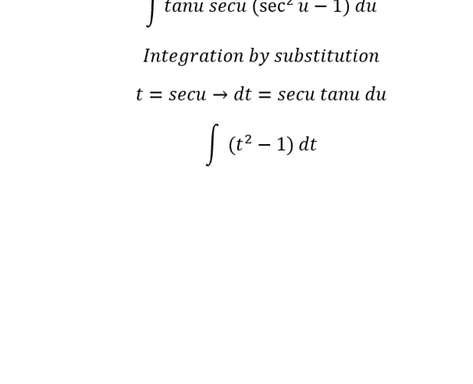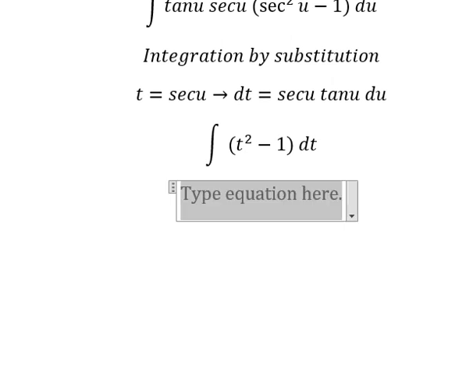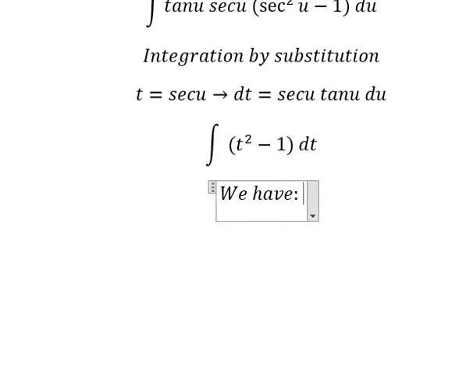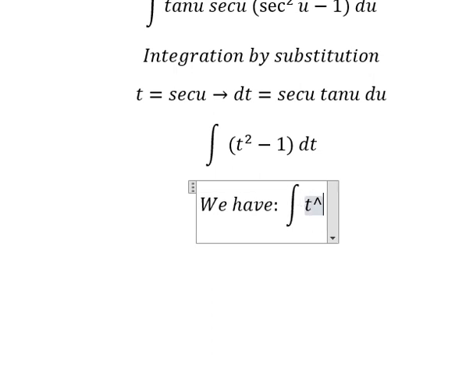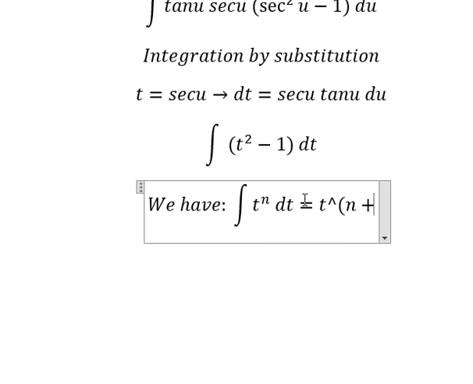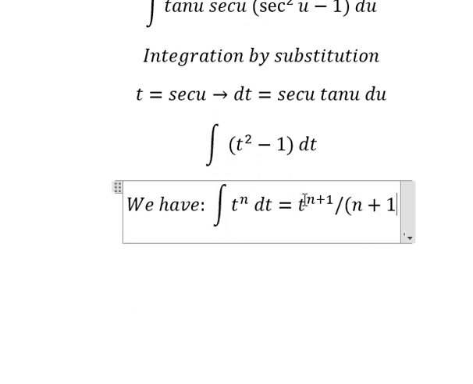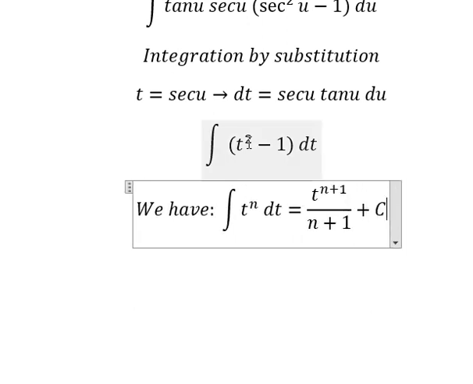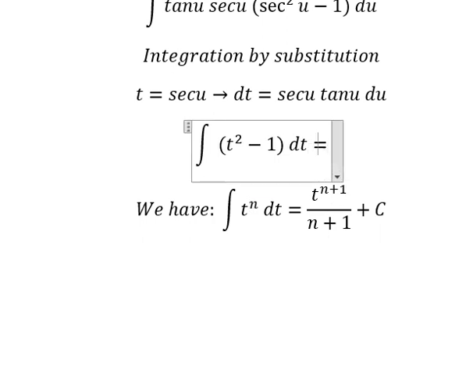Now we have the formula in here. So we put number 2 in here. So 2 plus 1 we have number 3.